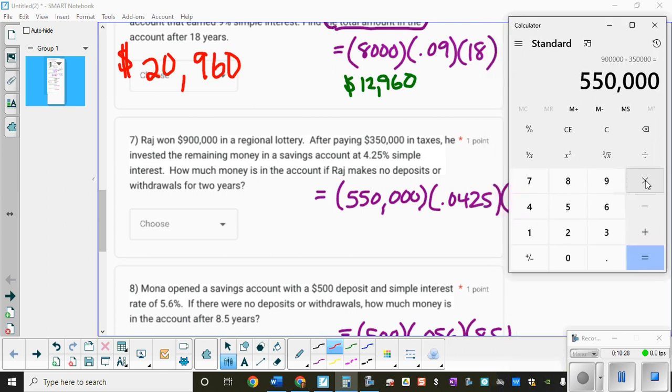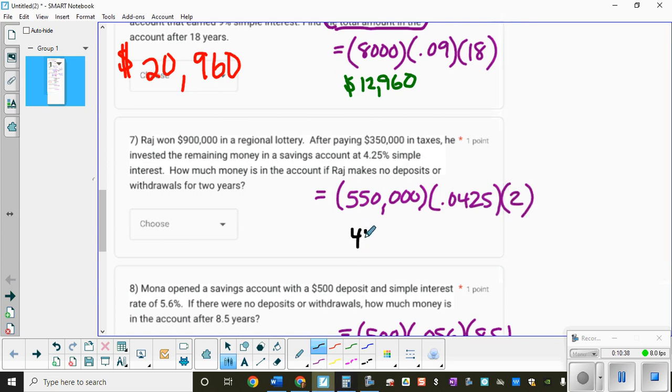So now I'm just going to take this and multiply times the 0.0425 times the 2 years. And this is going to be $46,750. So 46,750 is going to be the interest that Raj earns on the account.